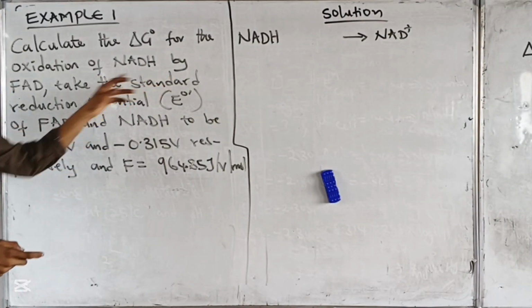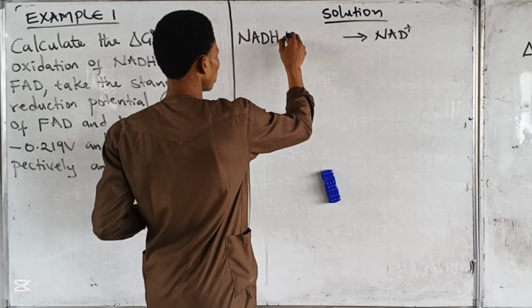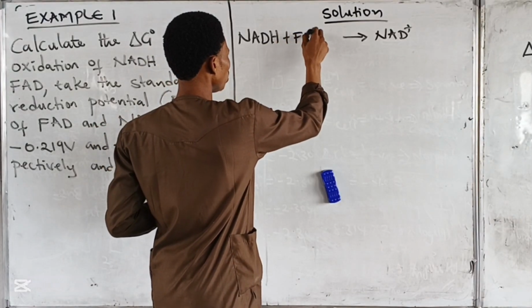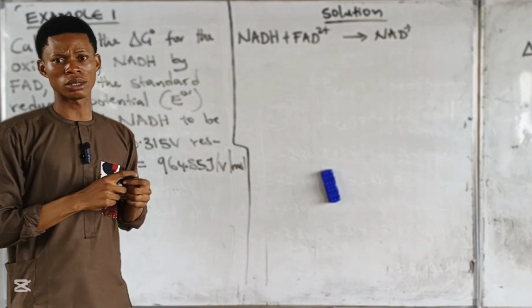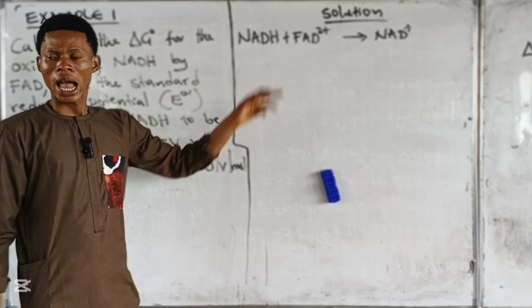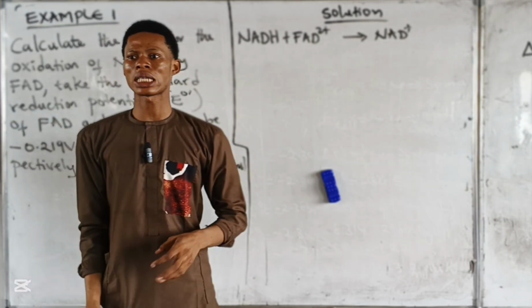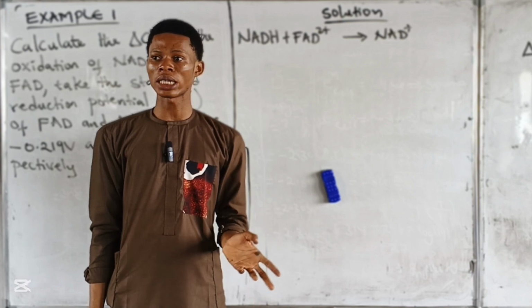It says oxidized by FAD, right? Now, normally this is supposed to be written as FAD2 plus. That is the right way of writing, not just FAD. Now, this is the oxidizing agent, right? What is oxidizing it? And you agree with me in chemistry that an oxidizing agent is always reduced at the end of the reaction, right?